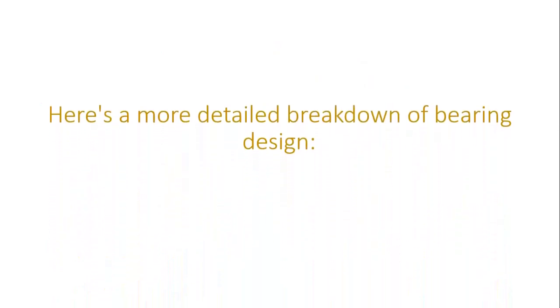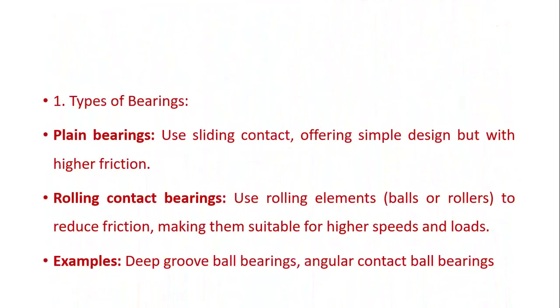Here are some of the detailed information about the bearing design as follows. According to the existing literature, the classification of bearings can be categorized into two levels, plain bearing and rolling contact bearing.